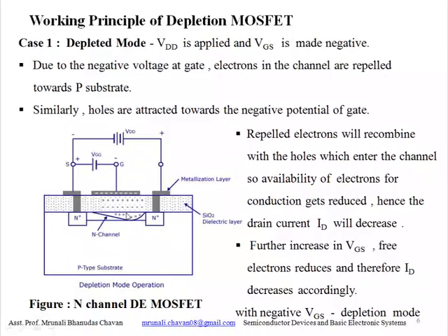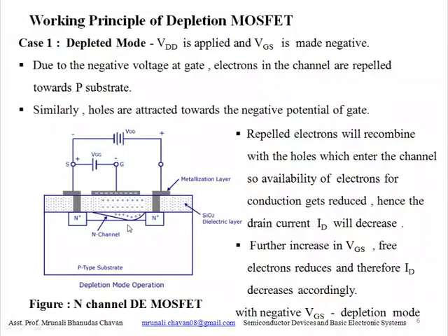The repelled electrons will recombine with the holes which enter the channel, so the availability of electrons for conduction gets reduced. Hence the drain current ID will decrease. With a further increase in negative VGS, the free electrons reduce and therefore ID decreases accordingly.